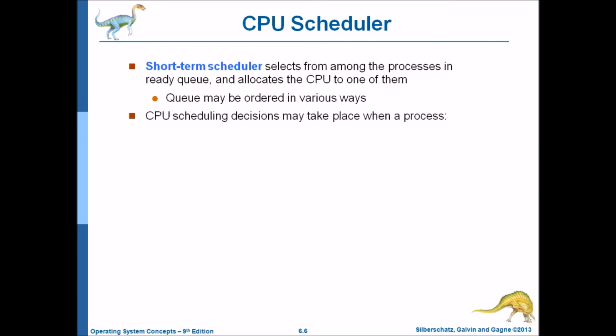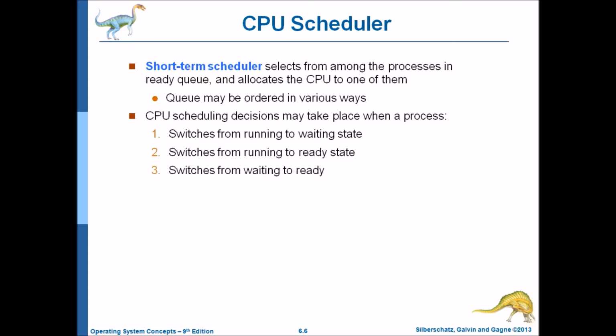The CPU scheduling decisions may take place when a process switches from running to waiting state, such as in the event of an I/O request; when a process switches from running to ready state, for example in response to an interrupt; when it switches from waiting to ready state, such as at completion of an I/O; and when the process terminates.